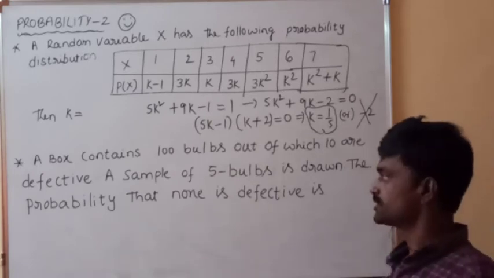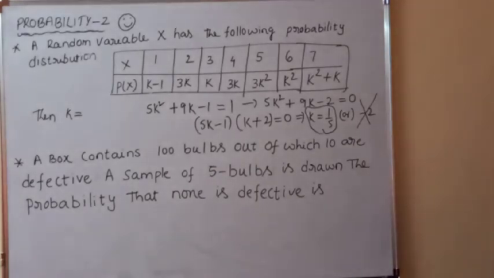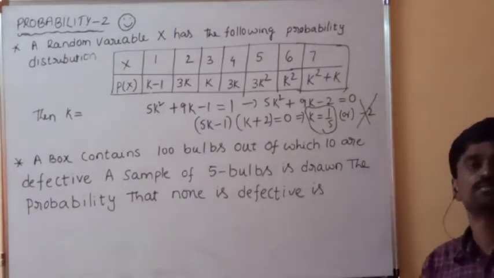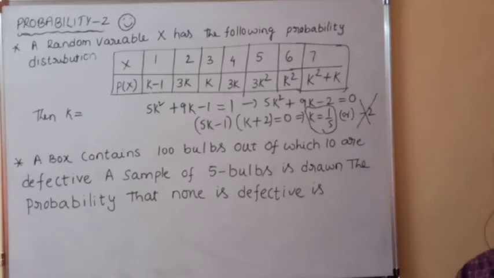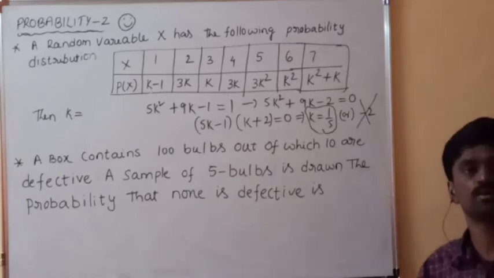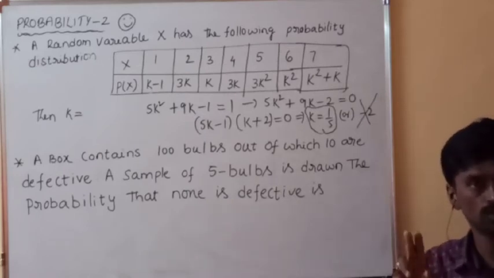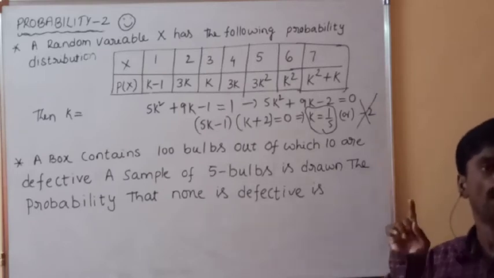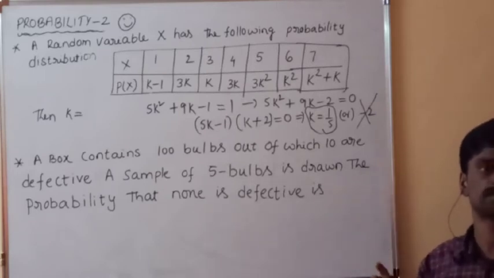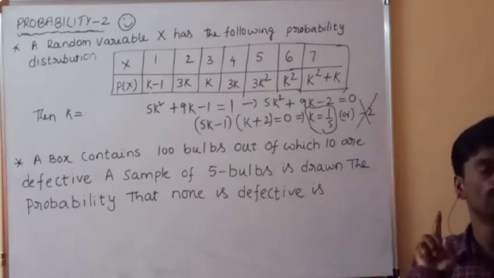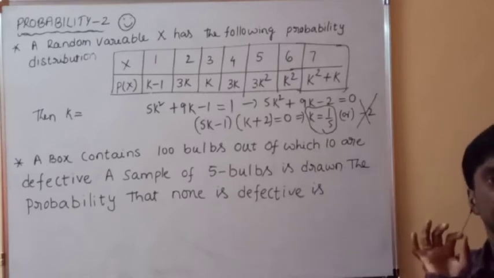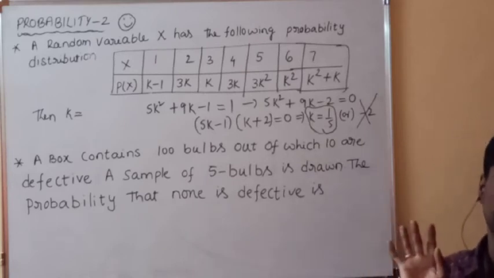Okay, next question. If you observe, for JEE Mains and KCET also, compulsorily at least 1 or 2 questions in KCET, and maximum chances in JEE Mains, are from which concept? They are asking binomial distribution.